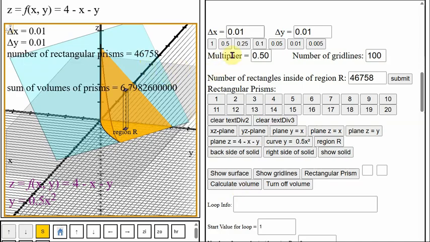And when the length and the width of the rectangle is 0.01, there are approximately 46,758 rectangles inside of region R. And the sum of the volumes of the prisms is 6.79826. And then now I'm going to make it even smaller. The length and the width of each rectangle is 0.005.